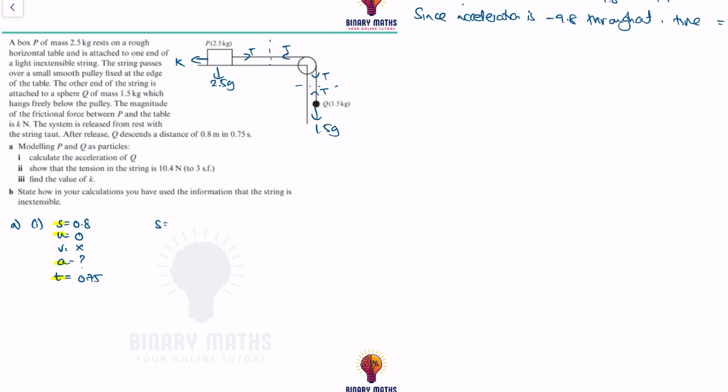So S is equal to UT plus half AT squared. 0.8 is equal to 0 times 0.75 plus half times A times 0.75 squared.